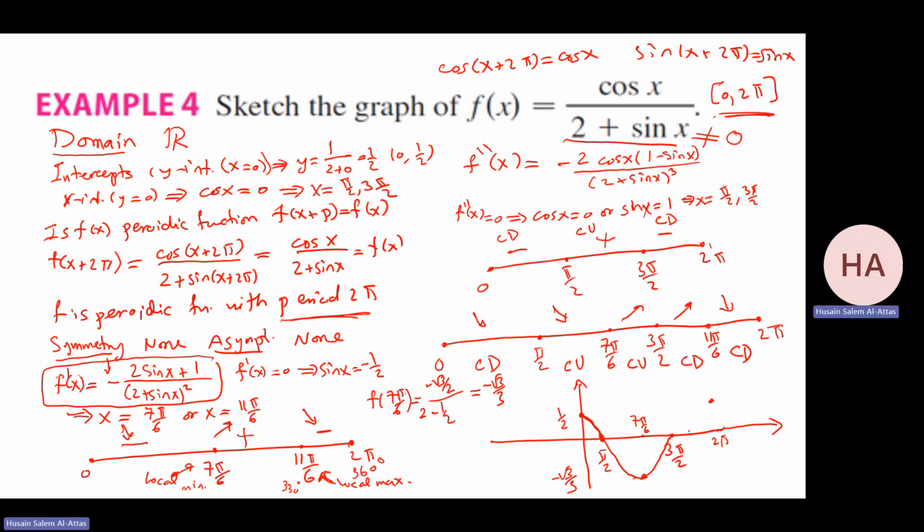Now it comes to 11 pi over 6, an important point to check, where it will be square root 3 over 3.